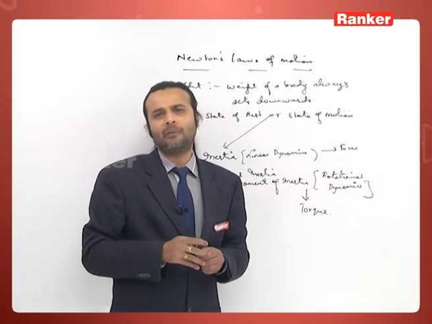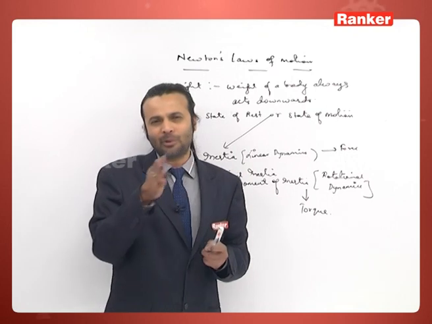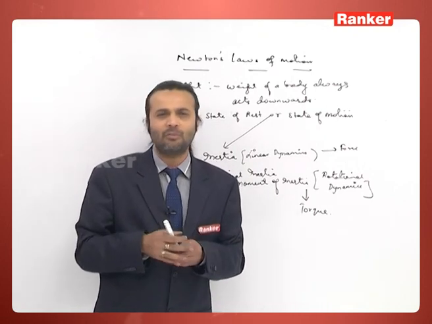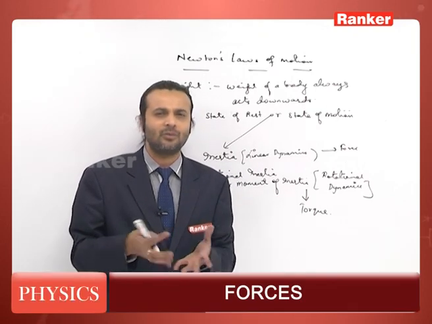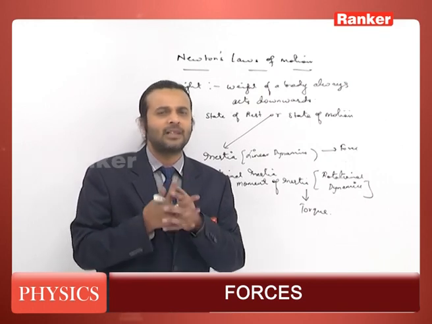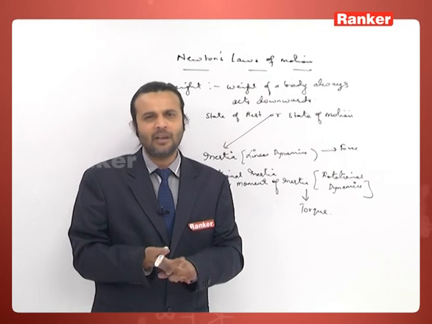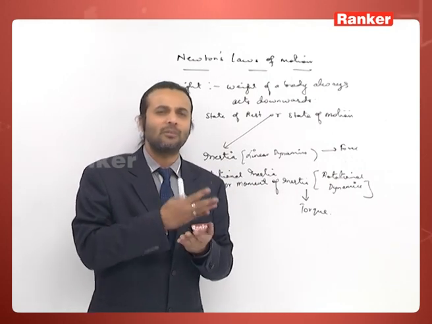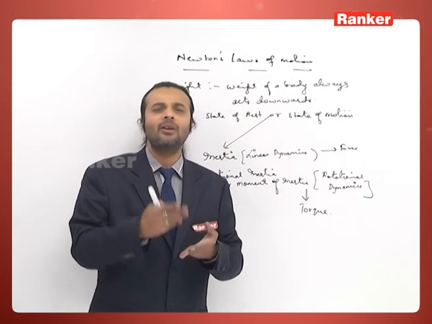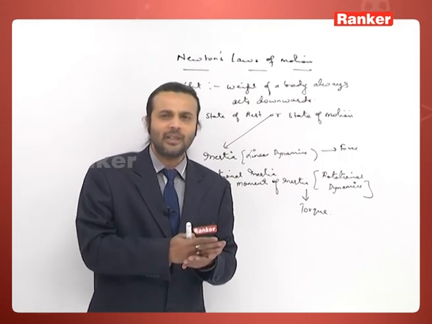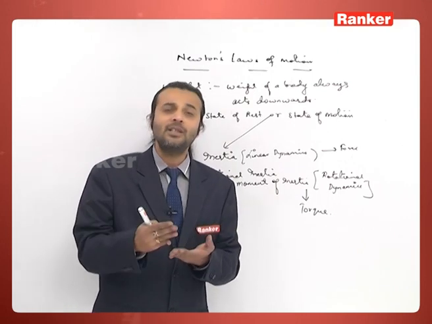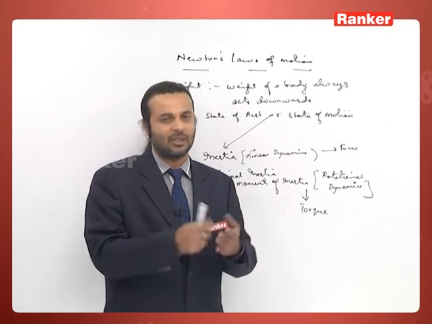So the definition of force makes us come to Newton's first law of motion, that every body continues to be in a state of rest or a state of motion until and unless an external force is applied to make the body change from state of rest to state of motion, or state of motion to state of rest, or state of motion to a different state of motion with direction changing.